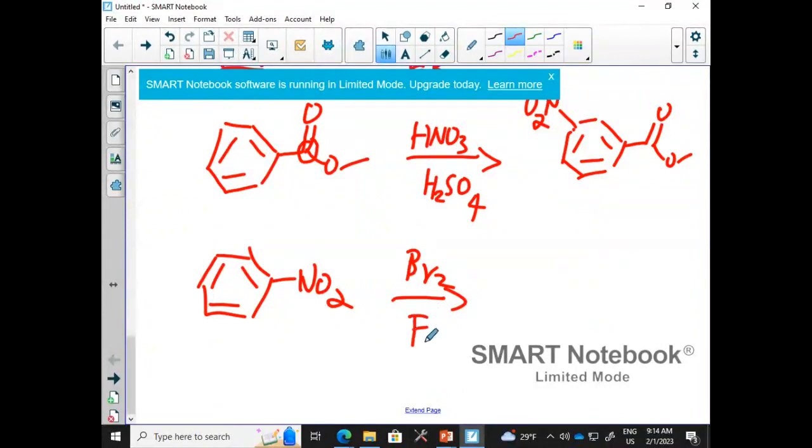So again, a bromination condition. Where should the bromine be installed? What group is this, D or A? The nitro group, okay, many of you say activated.